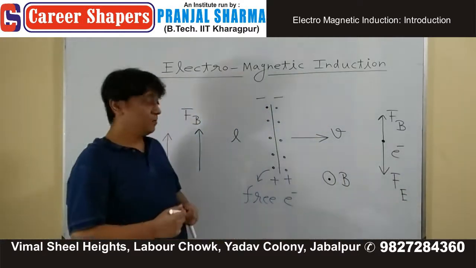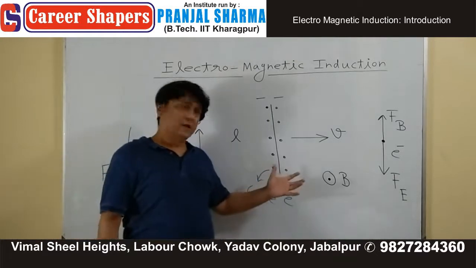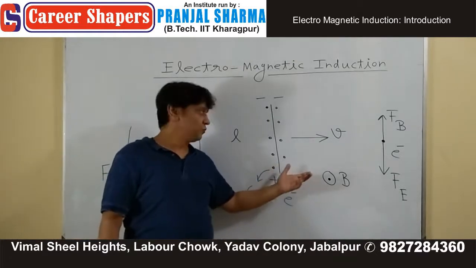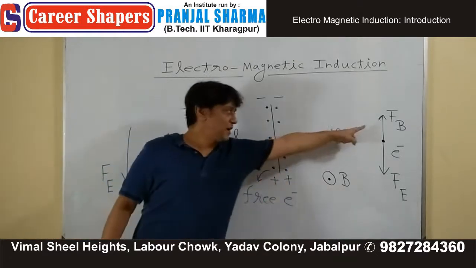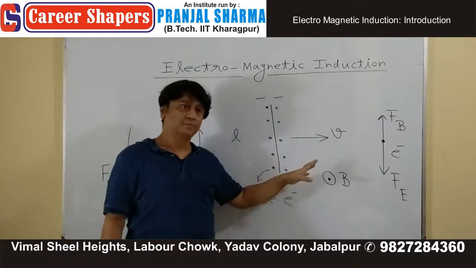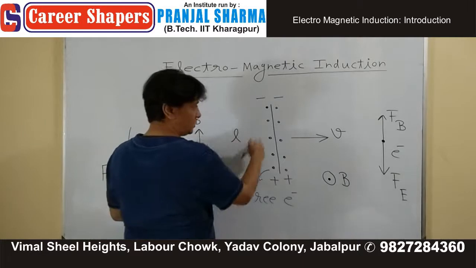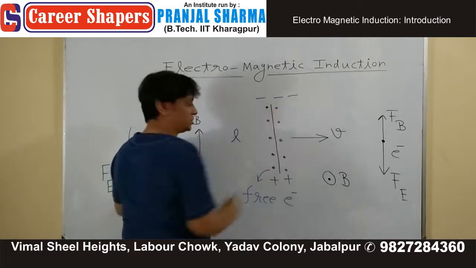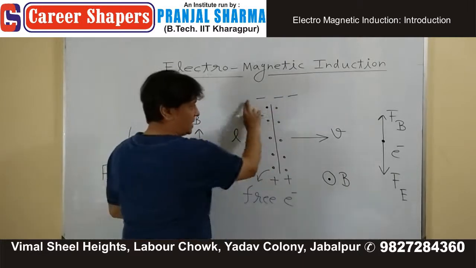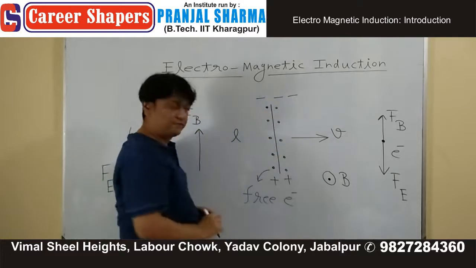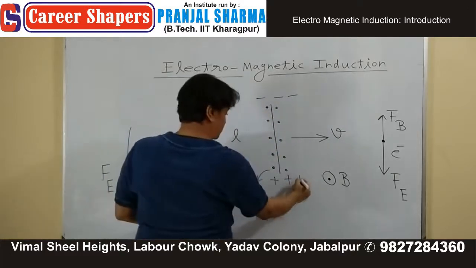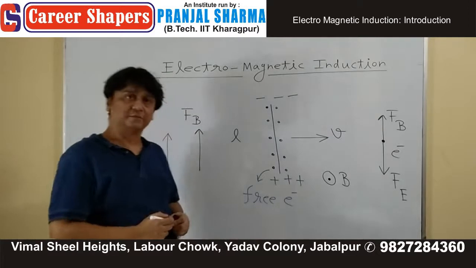Now, but initially force coming from magnetic field is dominating, and therefore this third electron reaches this position, making this side negative, making this side positive.